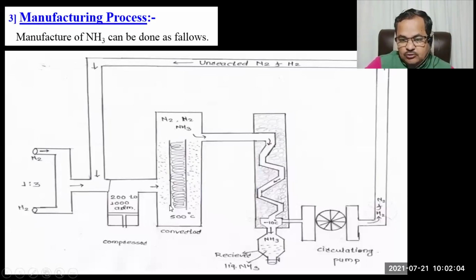And around this heating coil, the catalyst Fe along with the promoter molybdenum is taken in powdered form. Okay. Now, after compressing, these reactant gases are fed to this converter.